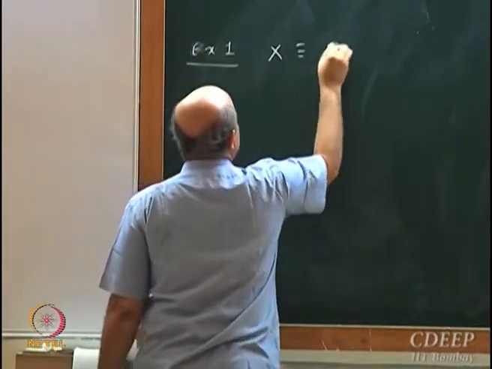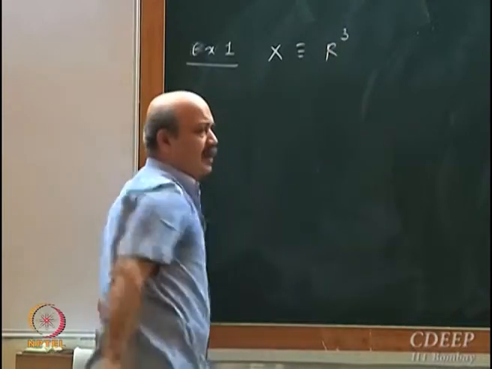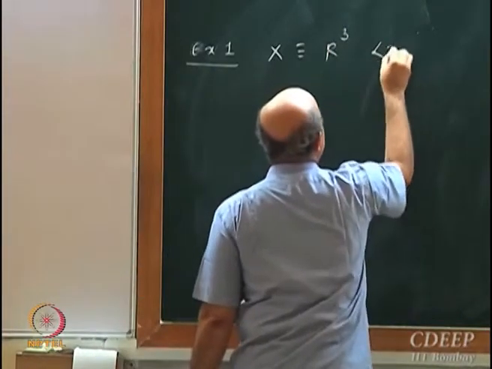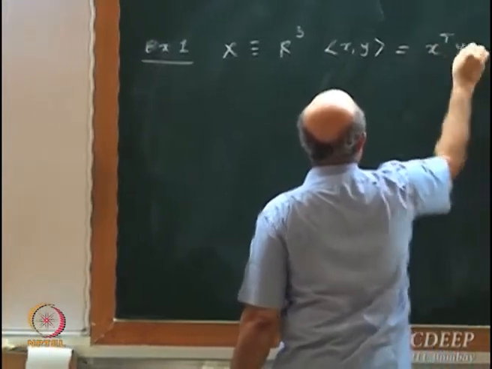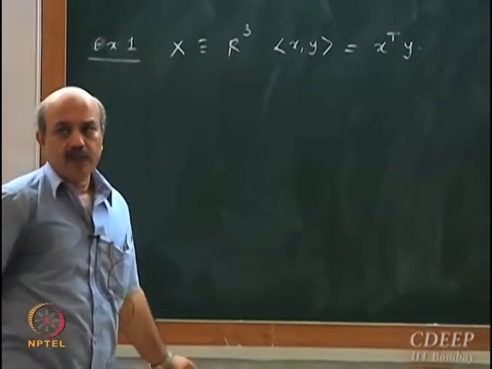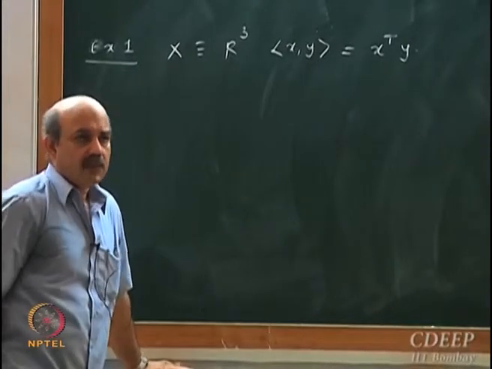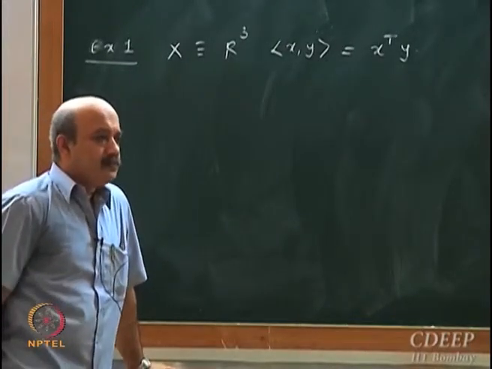My inner product space is simply R3, and the inner product between any two vectors is simply x transpose y.